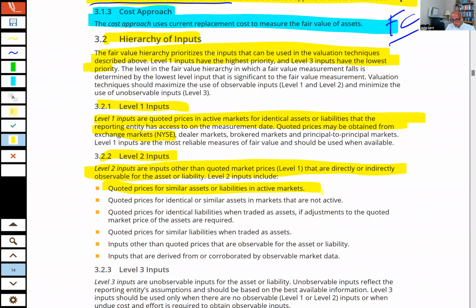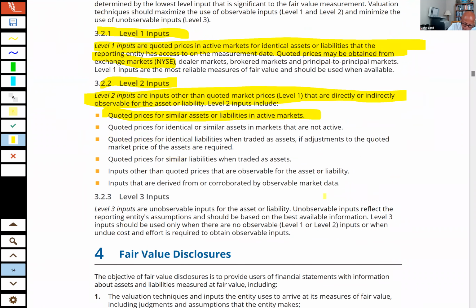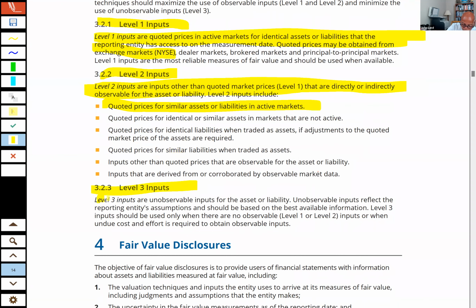And so you could use the level 2 inputs for similar assets. Again, this is a hierarchy. First, you look to level 1, piece of cake. Then I have to look to level 2. In the absence of level 1 and level 2 inputs, you have to look to level 3.